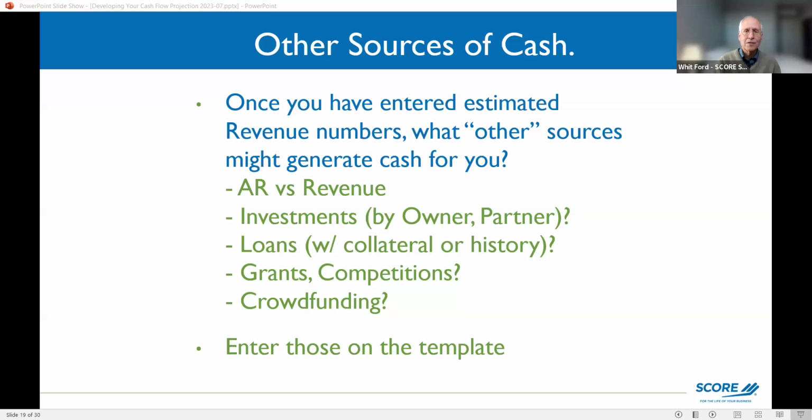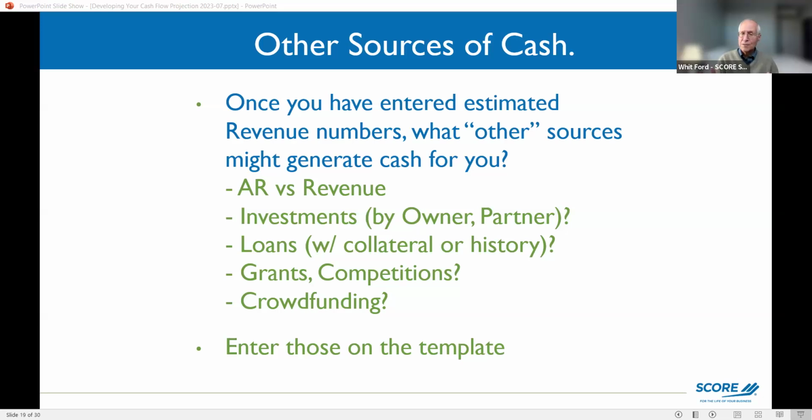Some of your customers are going to take full advantage of the terms you offer them and pay you later. And so if you offer payment in 30 days, maybe that means that you want to put your cash from your sales as happening a month after you expect the sales. So if you have seasonal sales, all of your cash inflows would be offset by a month from those seasonal sales.